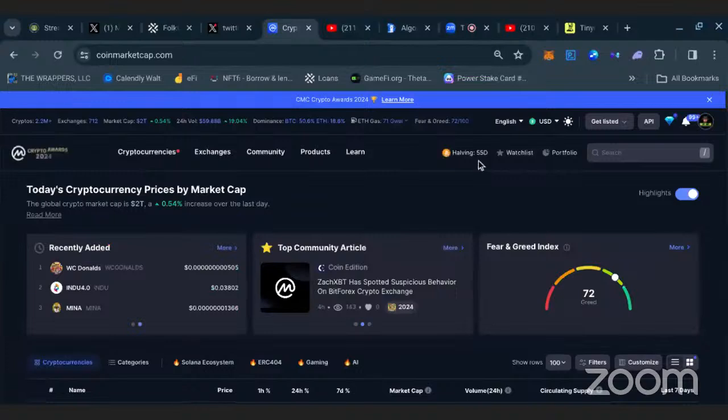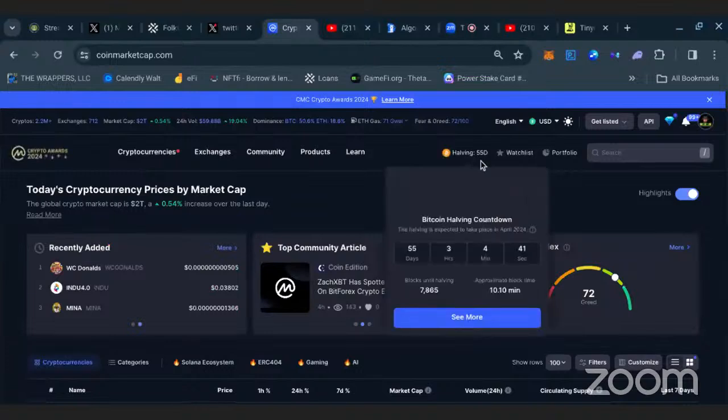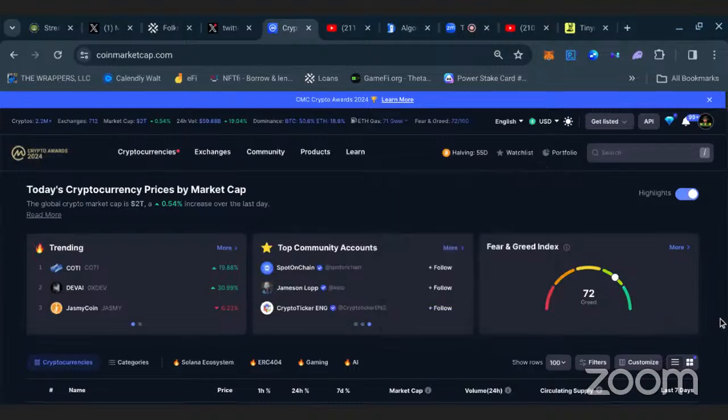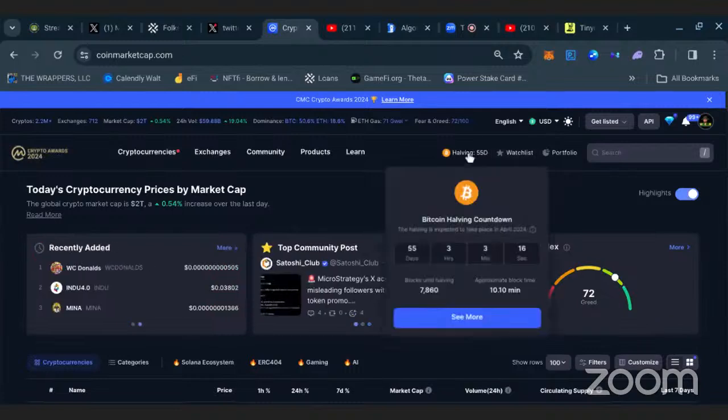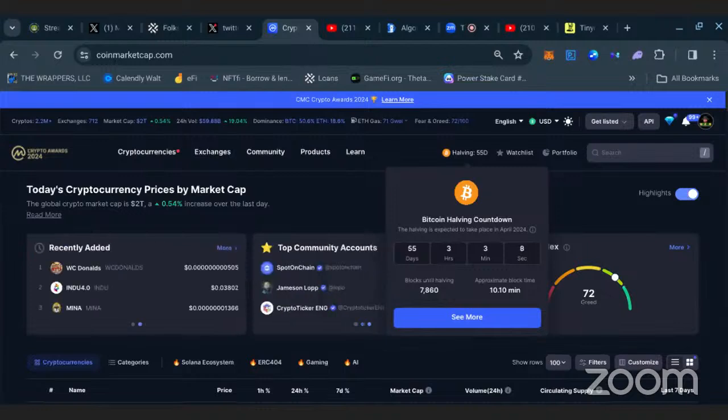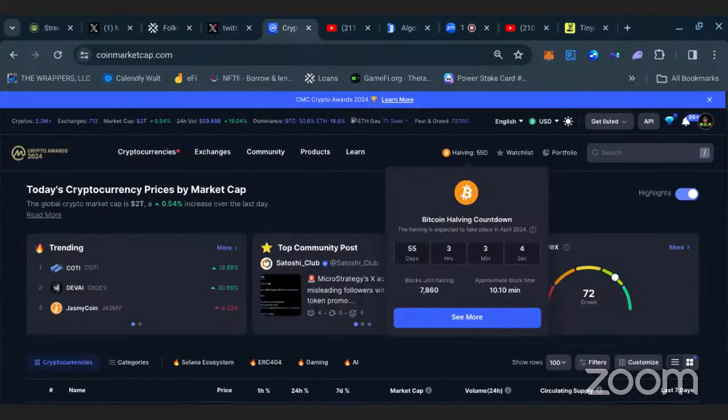Like right here, we have 55 days into the Bitcoin halving. The Bitcoin halving is significant because it's going to have an effect on the supply and demand of Bitcoin. And you want to be invested. It's expected to take place in April. And the crazy part about the Bitcoin halving is there's not a specific date on when the halving is supposed to happen.